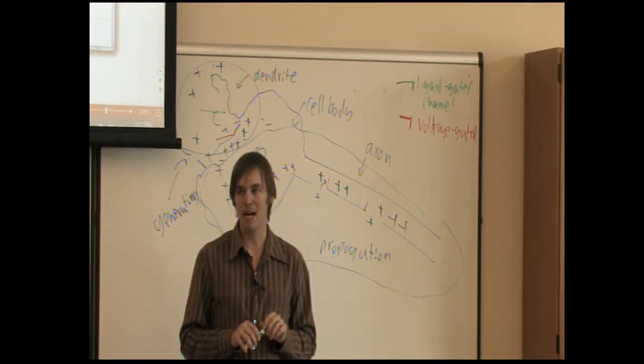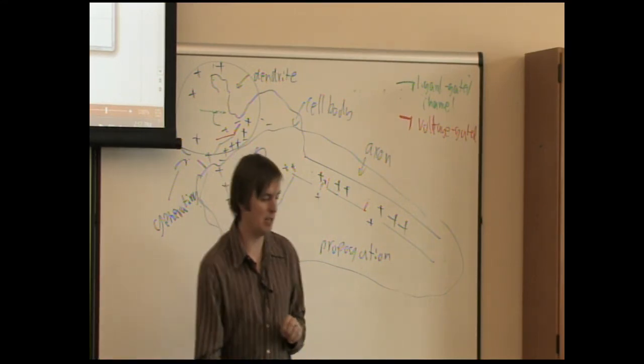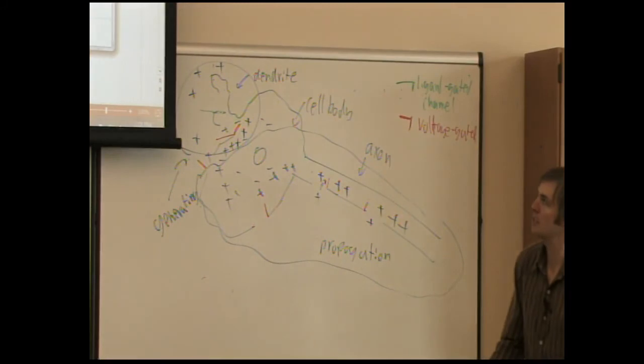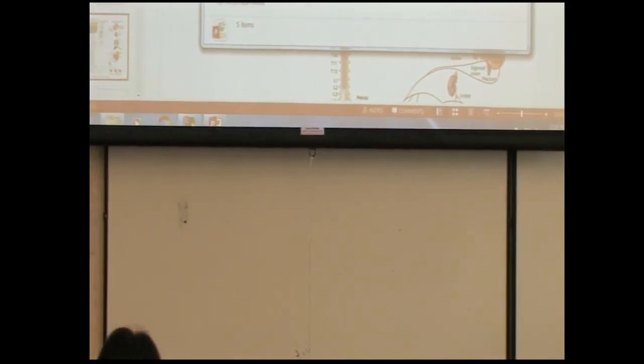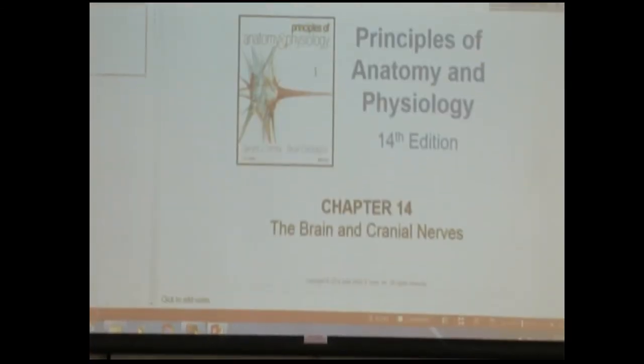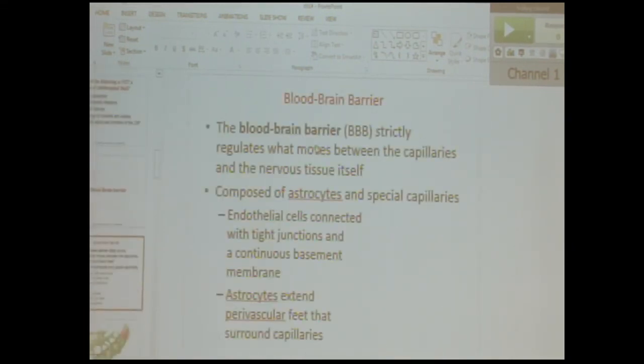So it was the podocyte. Remember that one? Let me look up the picture real quick, because there are a lot of different terms for it, and I want to make sure I tell you the one I actually put on the PowerPoint. All right, it's astrocytes that we were using.